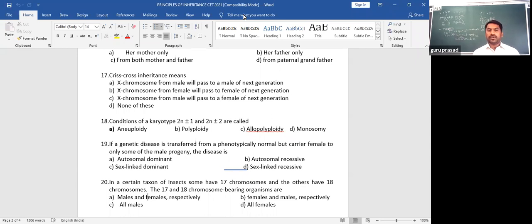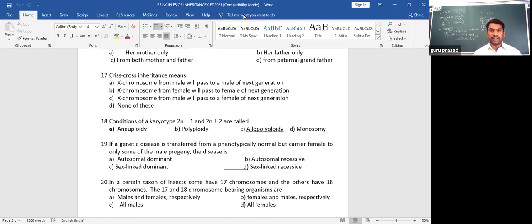Only some of the male progeny get the disease. One basic thing: X-linked disorders are more pronounced in male progeny than female, because males receive the X chromosome only from the mother. X-linked means from the mother only, Y-linked means from the father.